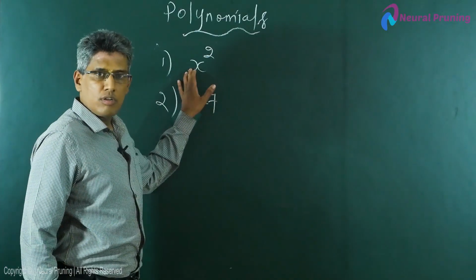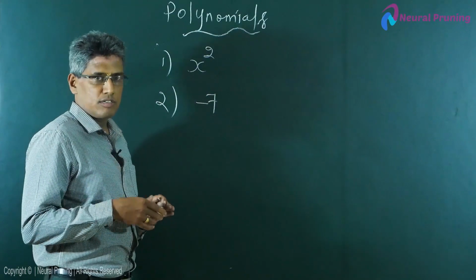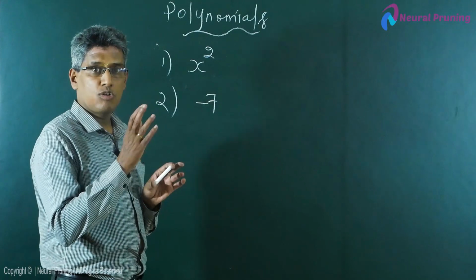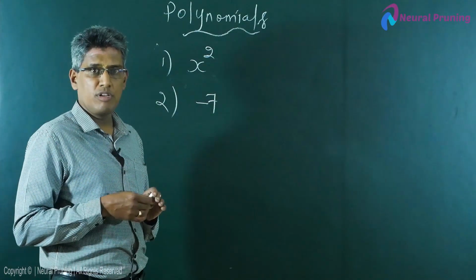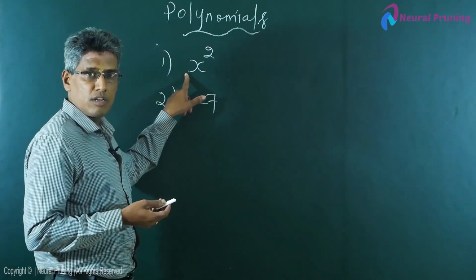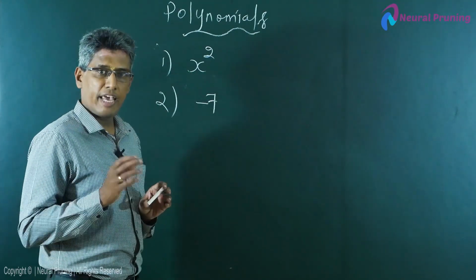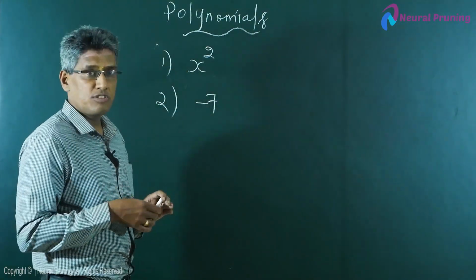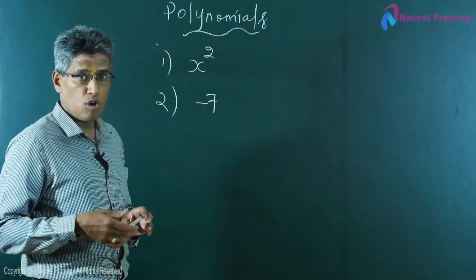In the first example, we have already discussed that a term is a combination of a constant, which is also called the coefficient, which is connected with the variable, and the variable can have powers or exponents. But in this particular case, the example taken is of a single variable, x square. So, in the absence of a clear constant term, we take the coefficient as 1, which you are already aware.